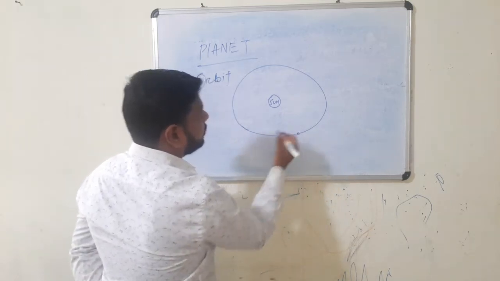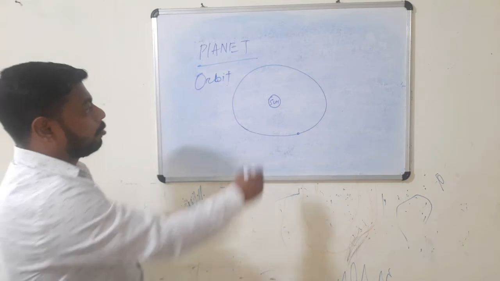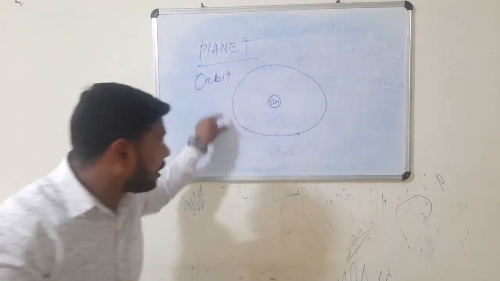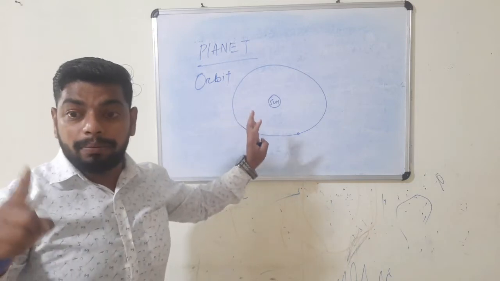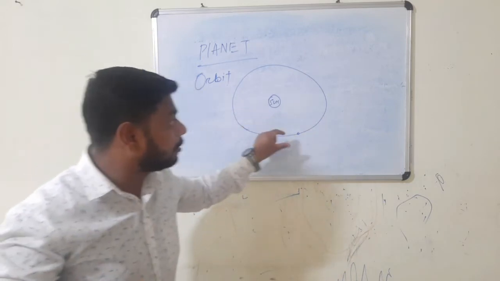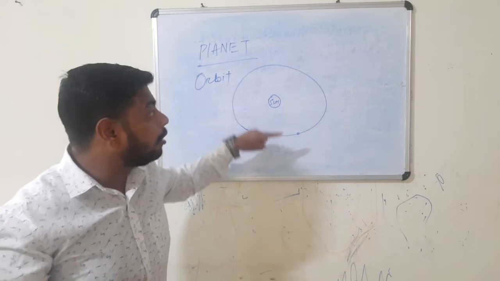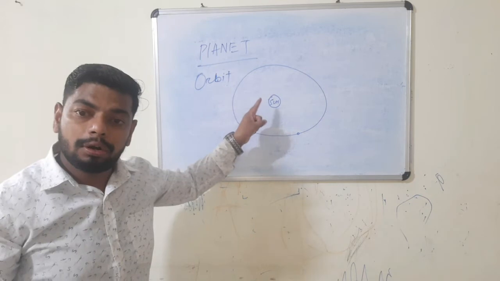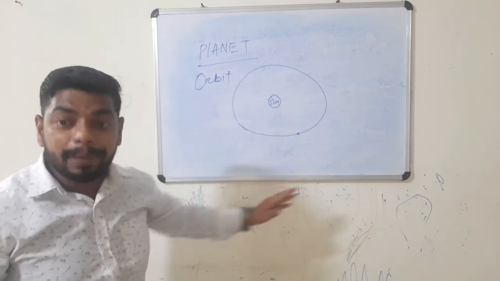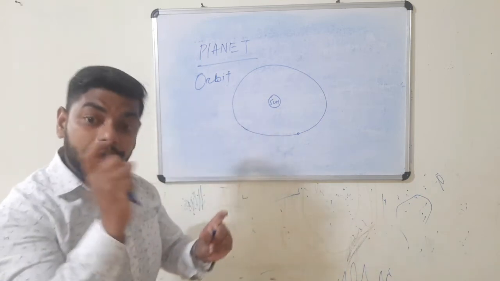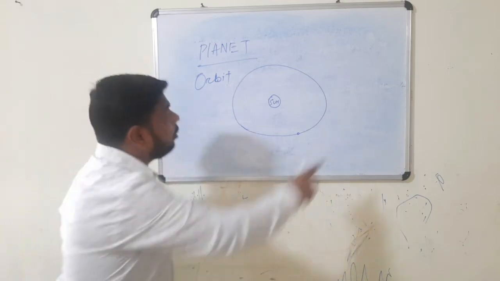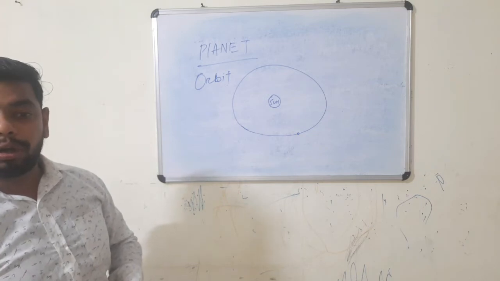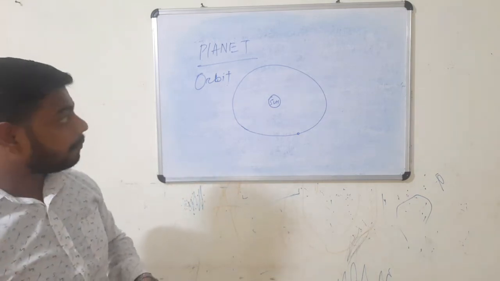This is Mercury, and it rotates around the Sun. So these directions are called orbit. So the 8 planets have particular pathways where they revolve around the Sun. Got it?